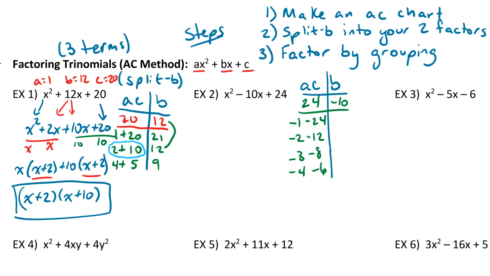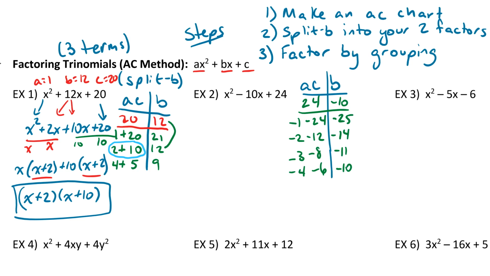Once that's done, we can go ahead and add these up. So negative 1 plus negative 24 will get us negative 25. Negative 2 minus 12 would be negative 14. Negative 3 minus 8 would be negative 11. And negative 4 minus 6 would be negative 10.